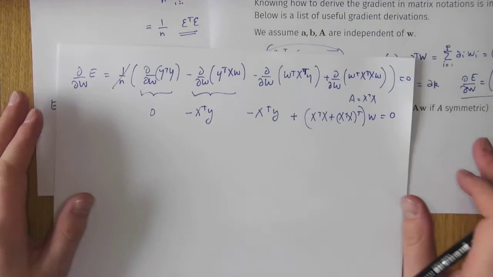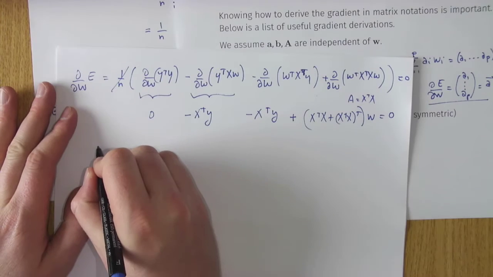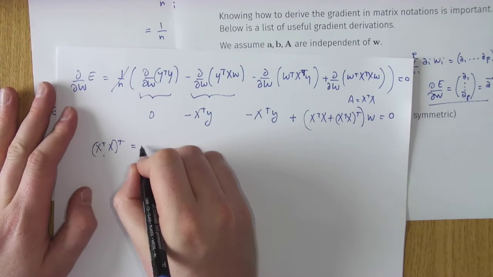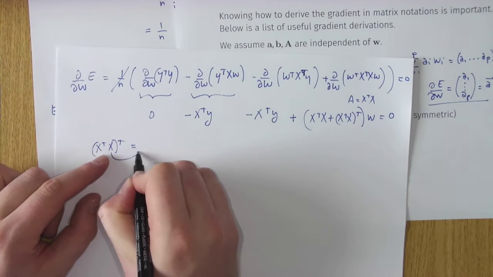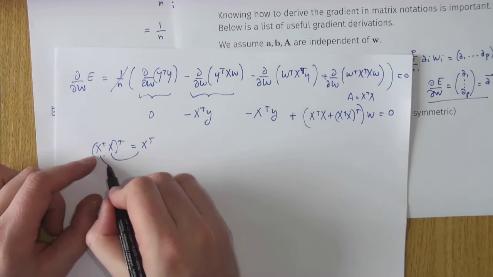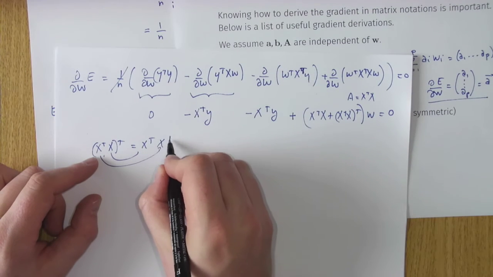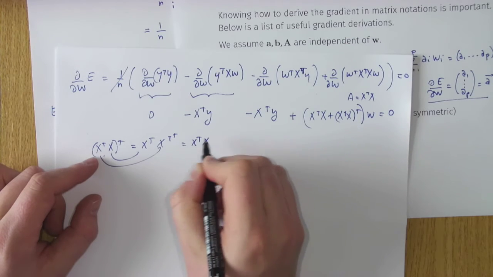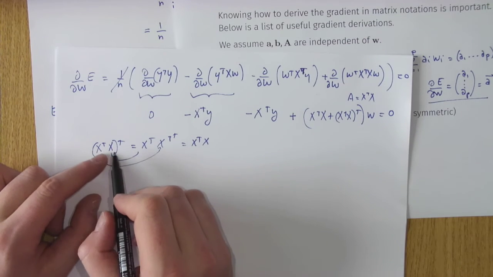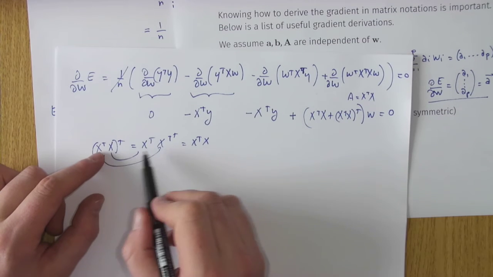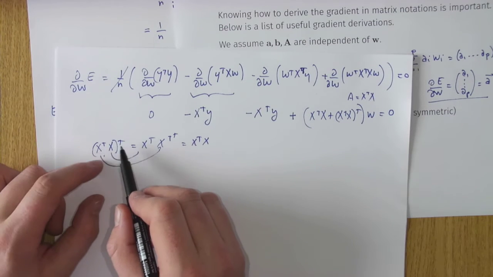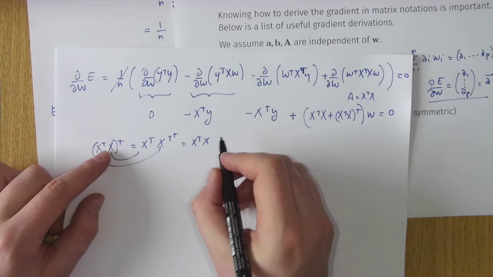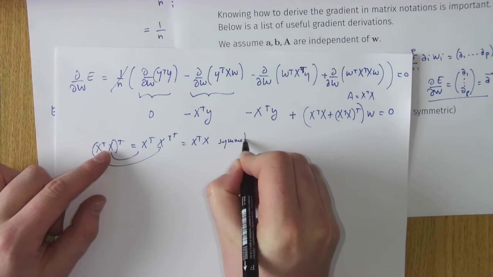It turns out that X transpose X transpose is X transpose and then X transpose transpose, which is actually just X. So it's the same matrix. It means that X transpose X is symmetric.